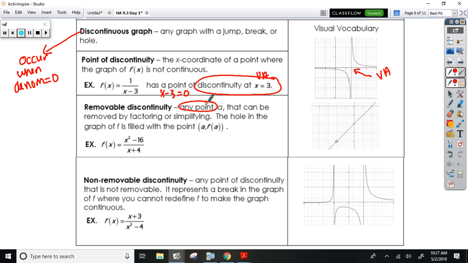So in this example, we would need to factor the numerator. What will this factor into? x squared minus 16. Difference of squares. x plus 4 and x minus 4. The denominator was not factorable.